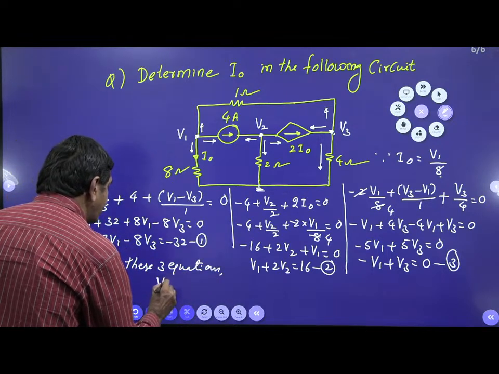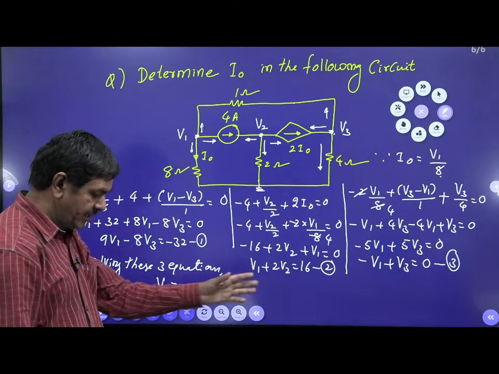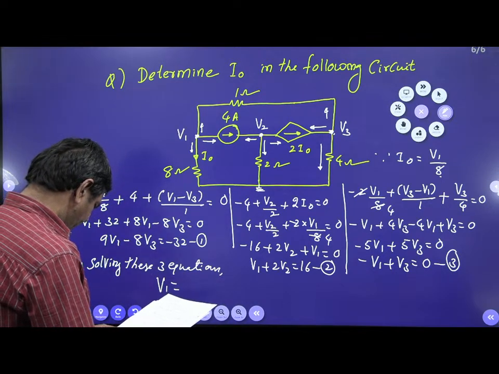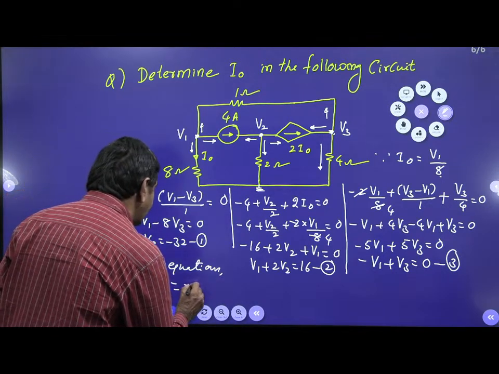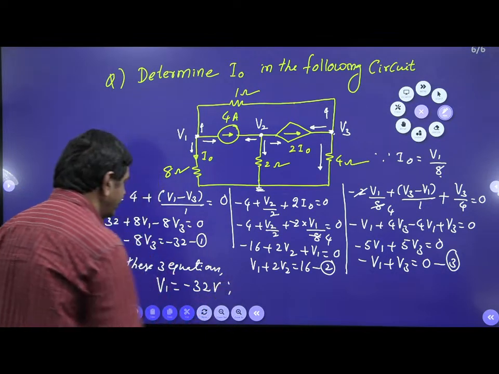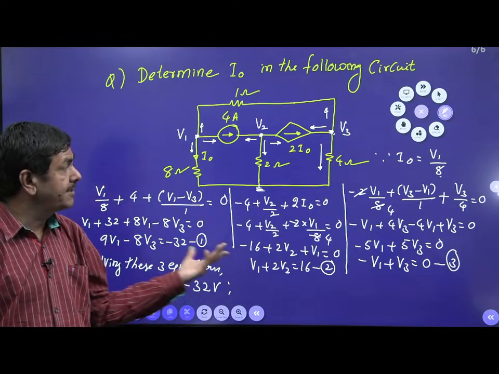But how to form the equations is what I explained here. You can get V1 equal to minus 32 volts. If you are solving this, it's going to take some time.